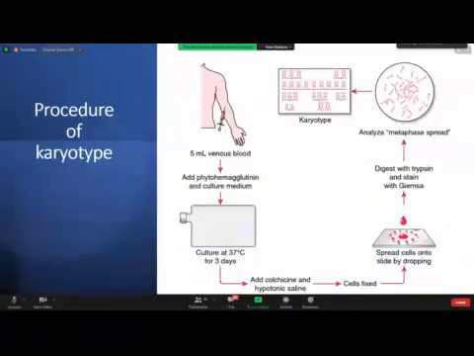We have a lot of reagents and media, and even ready-made prepared ones come now. So you put the cells in, and then you fix your cells at metaphase, then you spread it and analyze it. You analyze a number of metaphases and make the karyogram out of it.